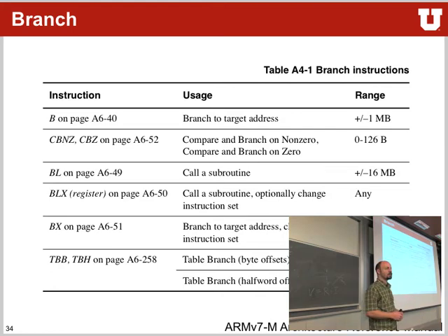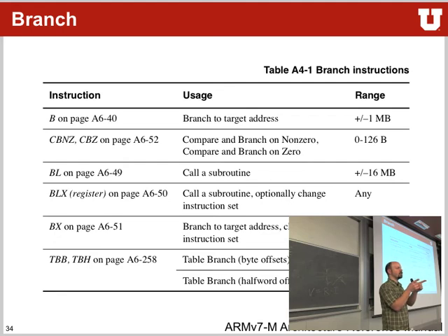So more or less, what's the difference between these two? Why is there a function that's BL that can go plus minus 16 megabytes and a BLX that can jump anywhere? How can you even jump to anywhere in the memory? What do you guys think? So think about it this way. You have 32 bits, right? You have to somehow encode the instruction you want to execute and the location that it should go to.